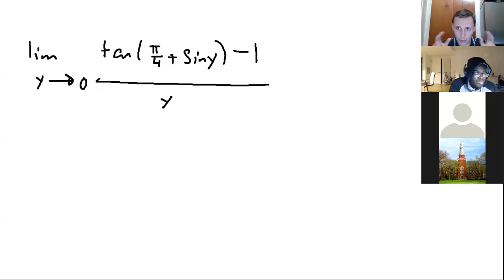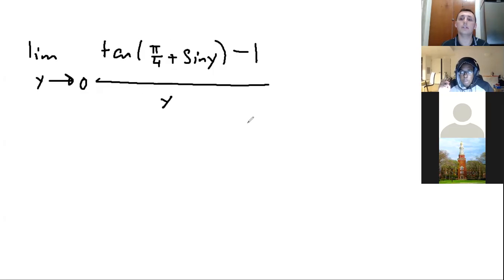So yes, you are there, Karolinushka, but exactly what's going on. So first, before you solve it, do you recognize what is this limit? Is it the limit as t goes to 0, sine t over t equals 1? But you see, it's inside of tangent.